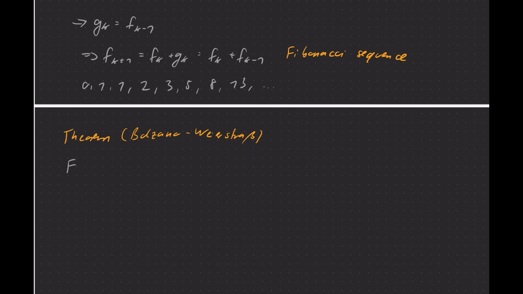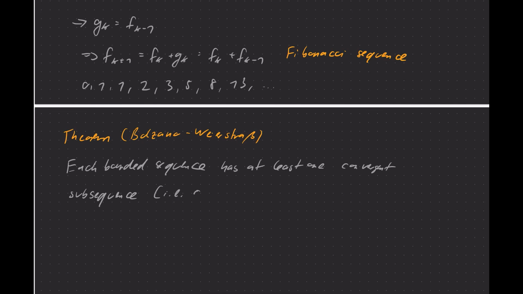Okay, let's write that one down. Each bounded sequence has at least one convergent subsequence, meaning at least one accumulation point.